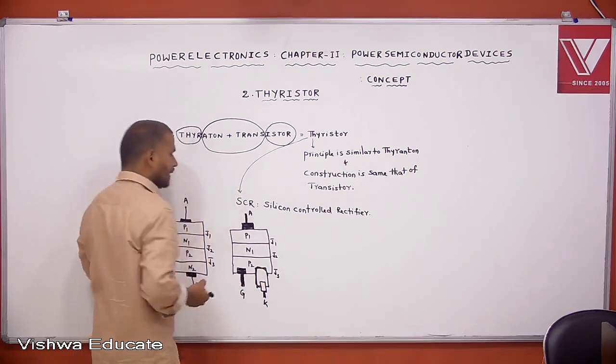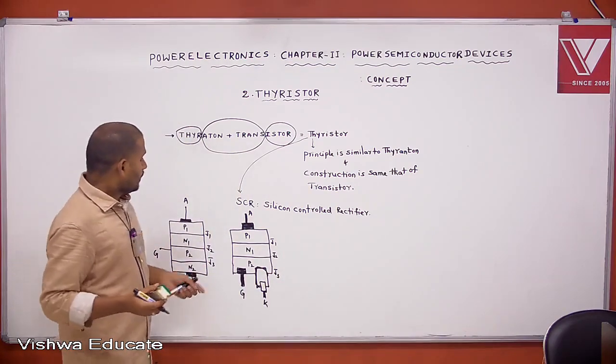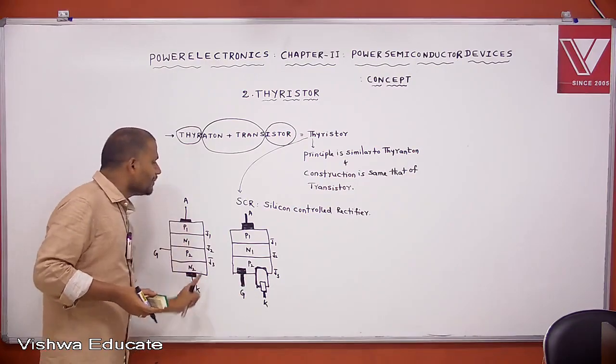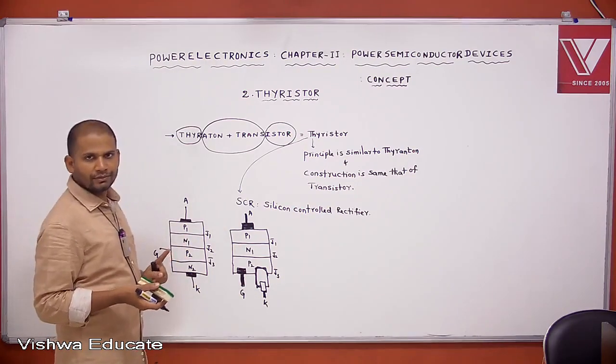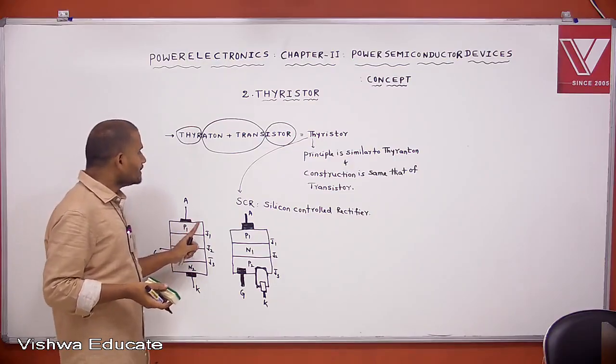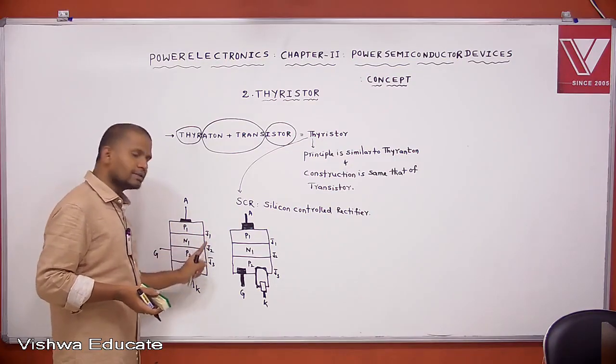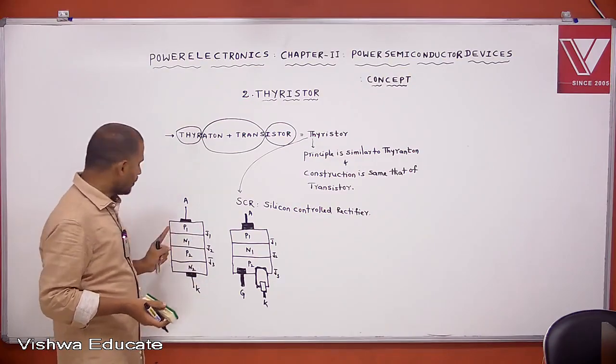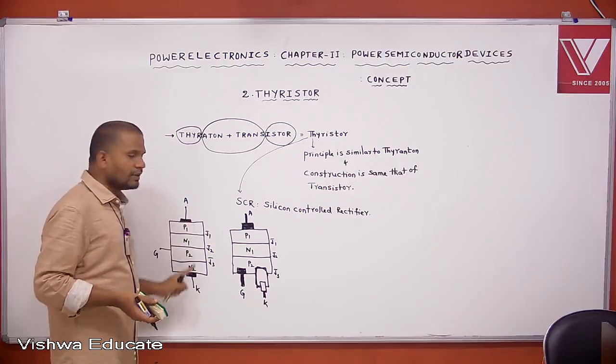This is the actual arrangement of gate and cathode terminals, and this is the schematic representation of the Thyristor. That means it consists of 4 layers. How many junctions? 3 junctions. How many terminals? 3 terminals.